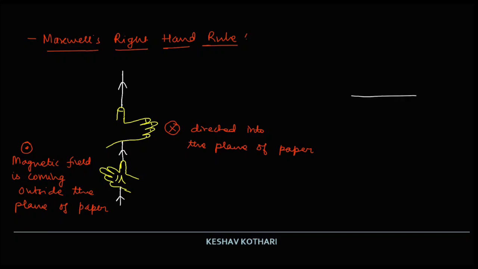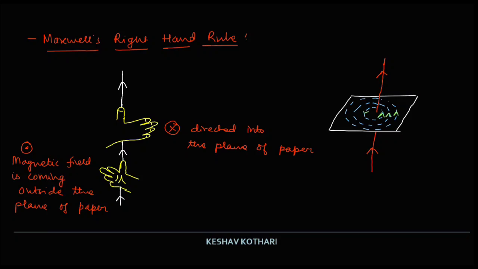That is the reason that if we consider a current carrying wire over a cardboard like this, the direction of magnetic field lines can be determined using Maxwell's right hand rule, where the direction of magnetic field is in this direction.